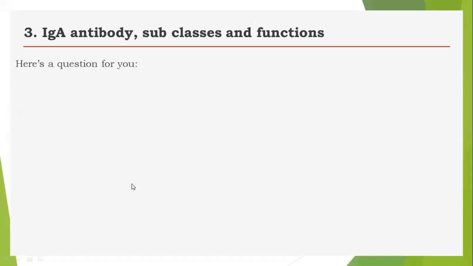Okay, so a good question for the class, and be free to answer. So we're going to talk about IgA molecules, and there's a question here. Which is the most abundant antibody in the human body? I think we talked about something in the previous slide.